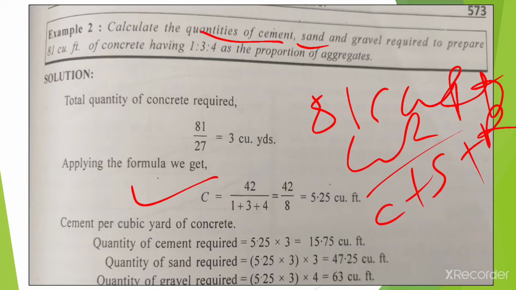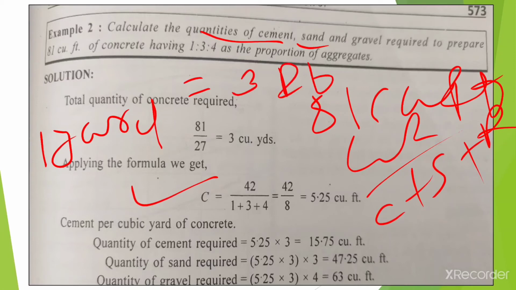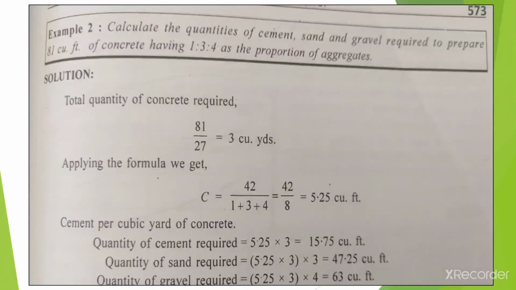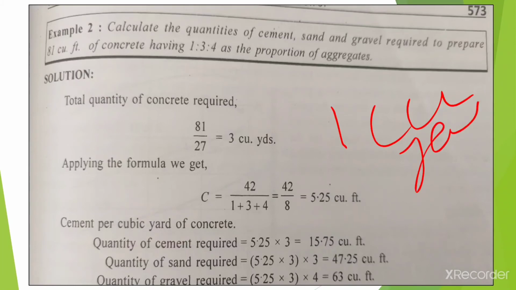Now as we know that 1 yard is equal to 3 feet. Now we should know about the total quantity of concrete required, that is already given, that is 81 cubic feet, but this formula is applicable for 1 cubic yard, and the data is given in cubic feet.